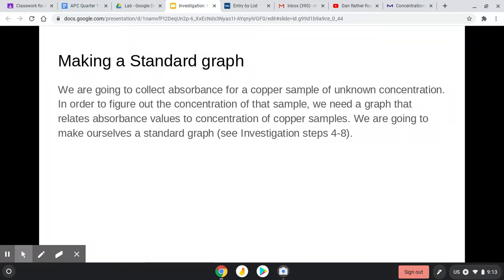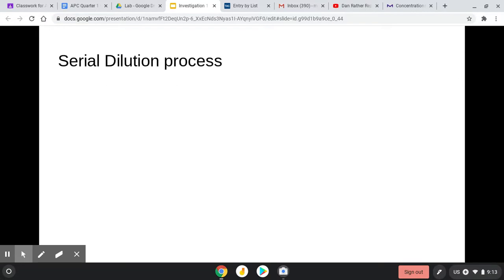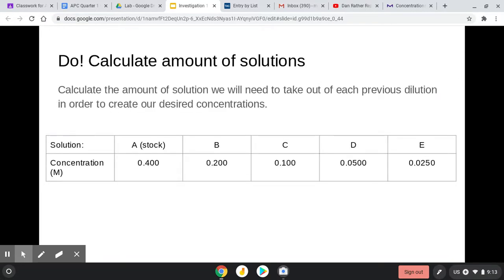So we're going to make this graph off of our knowns. And our knowns are going to be 0.4 molarity of copper nitrate. That's our stock. Then we're going to create a 0.2 molarity, a 0.1 molarity, a 0.05 molarity, and a 0.025 molarity concentration for solutions. So we're going to have 5 different solutions at 5 different concentrations.